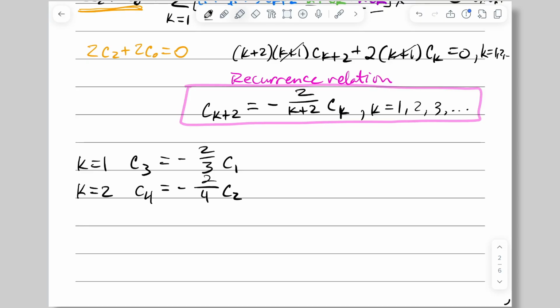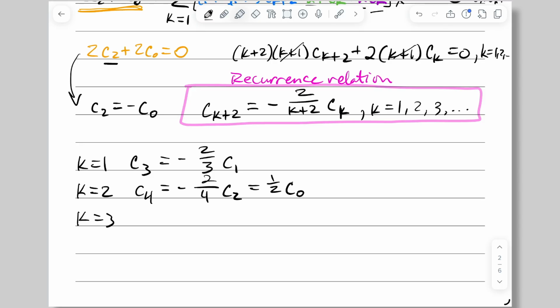But wait a minute. Up here we had 2c2 plus 2c0 is equal to 0. Again, solving for the constant that has the highest subscript, we have c2 is equal to negative c sub 0. Therefore, c4 is negative 1/2 times negative c sub 0, and so is 1/2 c sub 0.